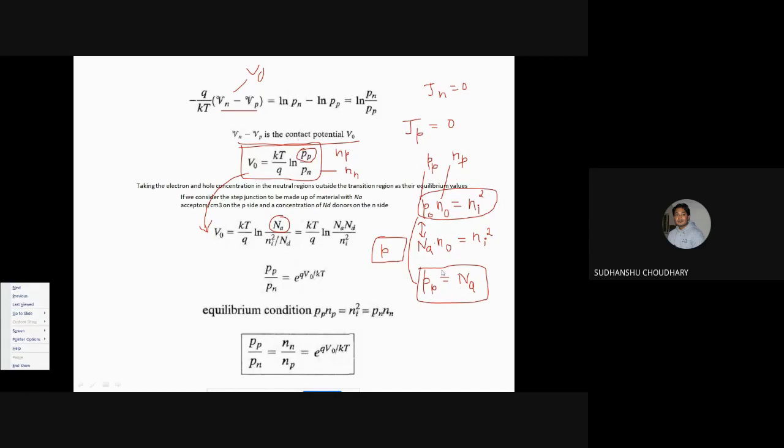Now Pn, that is the hole concentration in n-type semiconductor.